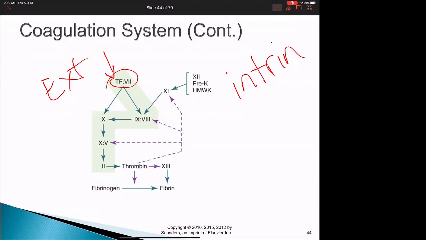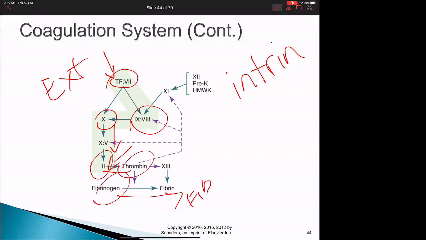The intrinsic is a little bit different. Intrinsic will involve factor 9 and factor 8, the intrinsic tenase, and eventually that's going to activate factor 10, then that's going to get together with activated factor 5, and that's going to cleave prothrombin to thrombin. Thrombin then is going to turn fibrinogen to fibrin, which is the fibrin clot, okay.